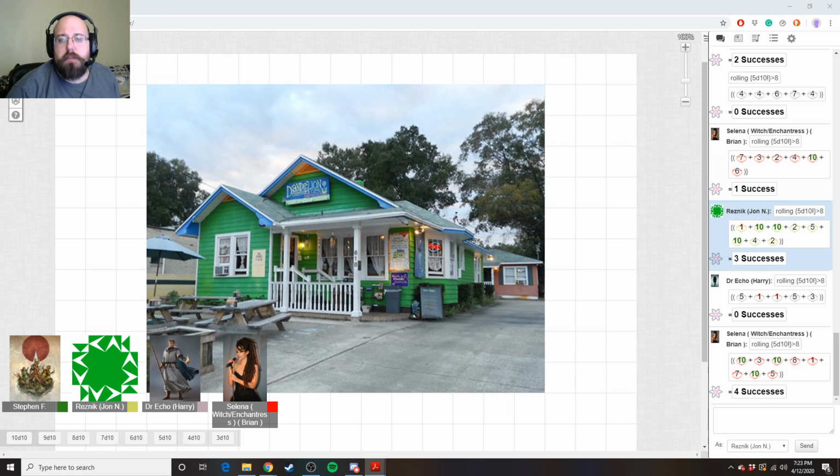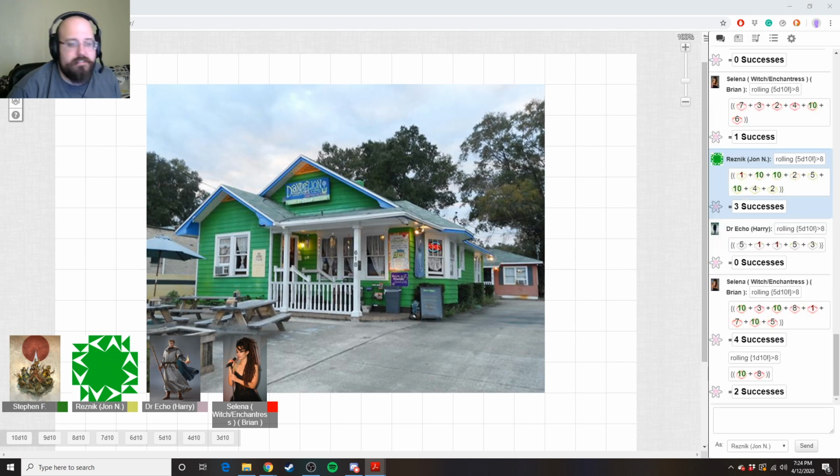Do you just pick an Arcanum, or does that have to be a specific one? For this one, we'll say it would be either Prime or Mind. Well, that would give me 0 dice.